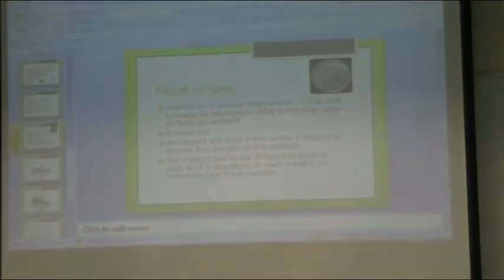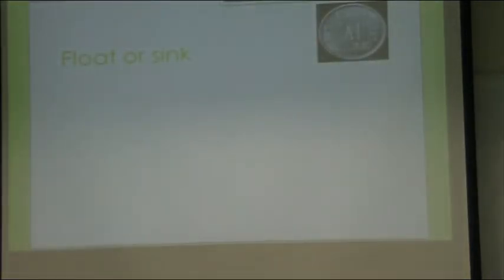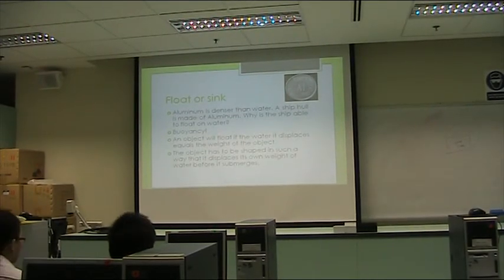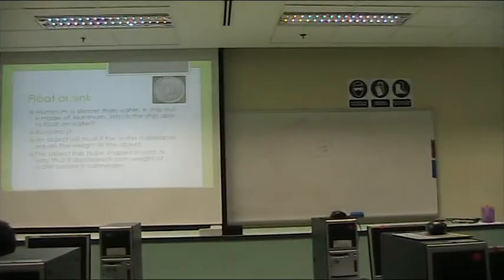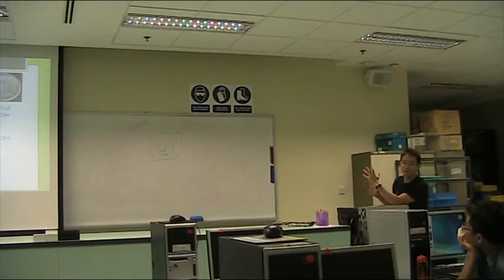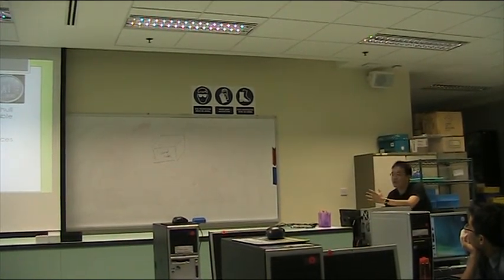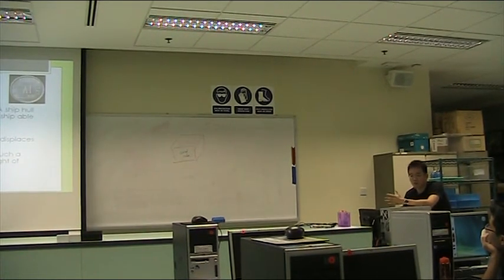So back to the floating of the ship. Aluminium by itself, if it is in a cube form and you drop it into the water, will definitely sink because it is denser than water.